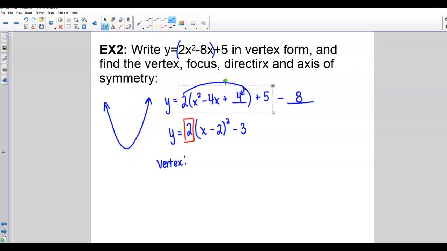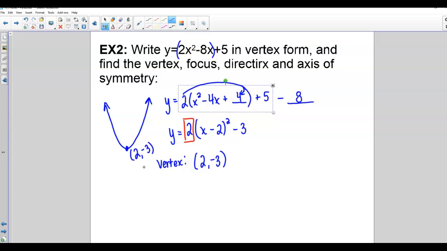So my vertex here is going to be at positive 2, negative 3. So I've got that positive 2. I use the opposite sign here because that's inside of the parentheses. It's going to be the x-coordinate because we have the x here. And then this other number is my y-coordinate. So this vertex here is at 2, negative 3.